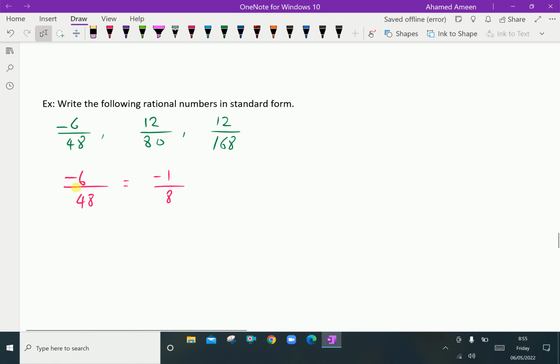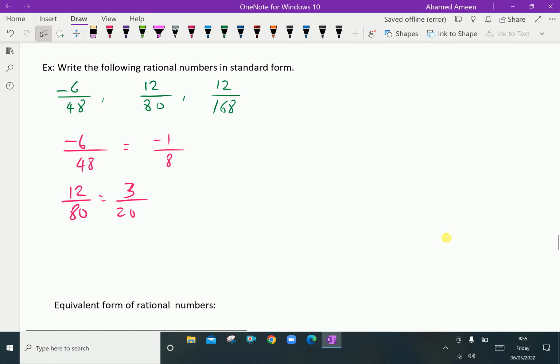So minus 6 over 48 is written as minus 1 over 8 in standard form. Next, 12 by 80. First divide by 4: 4 3s are 12, 4 20s are 80. So it is a standard form. Further we cannot divide by common factors.